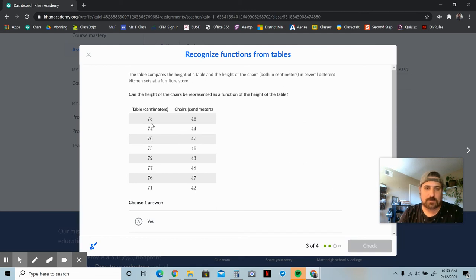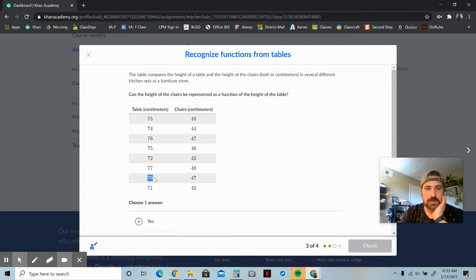Let's see if there's any duplicate inputs here. 75, 74, 76, 75. So I'm seeing 75 here and here, and both times the 75 are for the table. You have an output of 46 for the chairs. So far, that's okay. Any other duplicates? I see 76 here and 76 here. So when you input a 76, you output a 47.